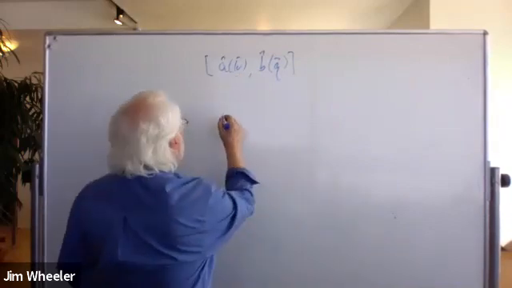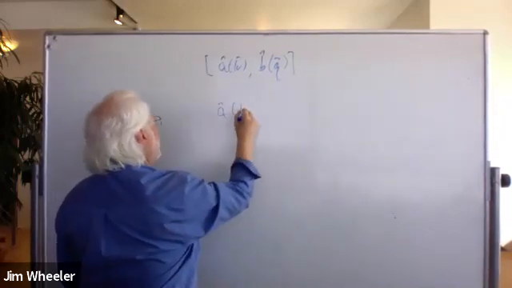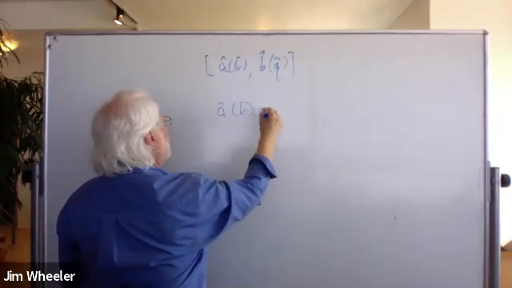So what is the expression for A hat of K in terms of the fields? What do you get? A hat is phi plus pi dagger with some coefficients.